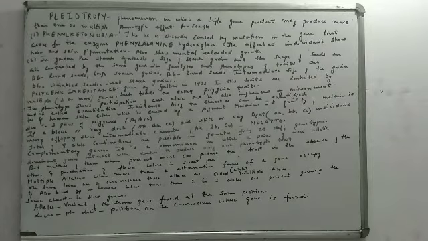The second example of pleiotropy which we will take up is in garden pea. The starch synthesis, the size of the starch grain, and the shape of the seeds are all controlled by the same gene. In the beginning I told you pleiotropy is one gene controlling many phenotypic characters. So in the second example we have taken garden pea. Here three things are controlled by the same gene: first is starch synthesis, second is the size of the starch grain, and the third is the shape of the seeds.